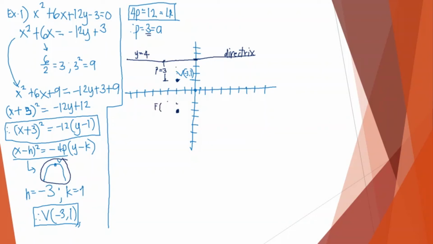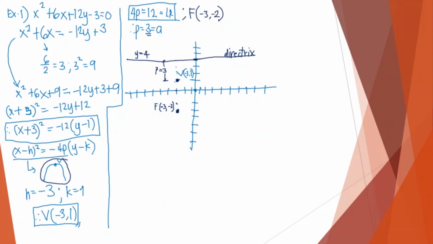The point of our focus is at negative 3, then 1, 2, negative 2. So I'll put this here: focus is negative 3, negative 2.